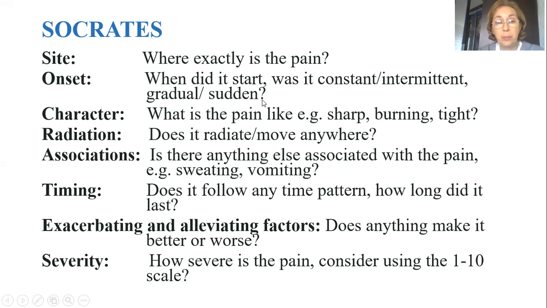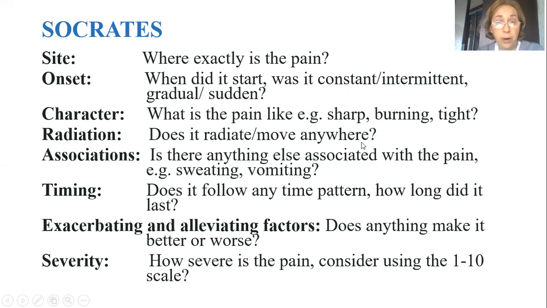Because it's sometimes important to know whether the pain was sudden or appeared gradually. About the character: what's the pain like? Sharp, burning, tight. You can suggest some adjectives to the patient, so they can choose from them to describe their pain. About radiation: does it radiate?